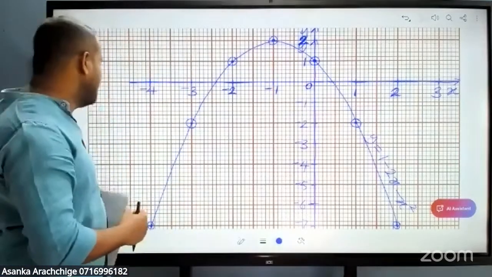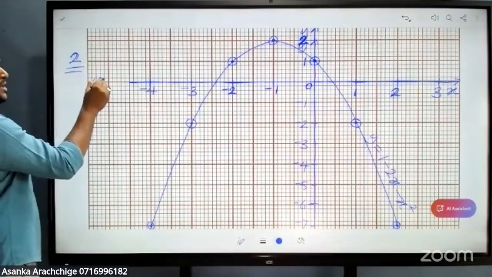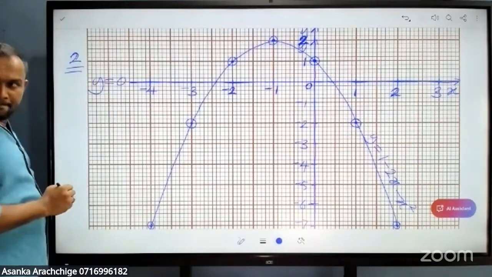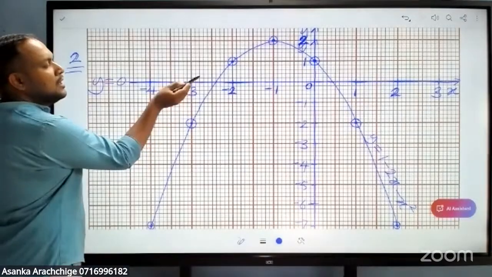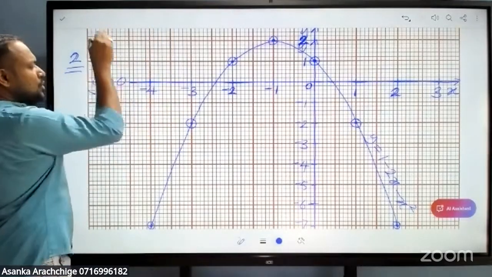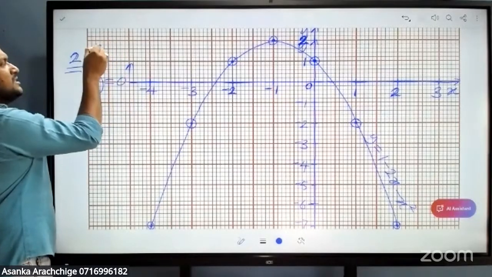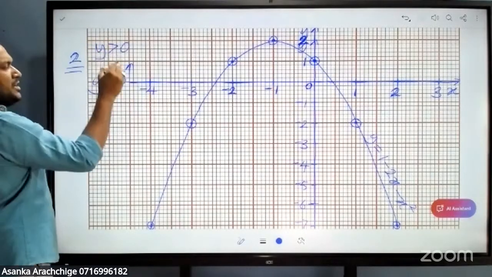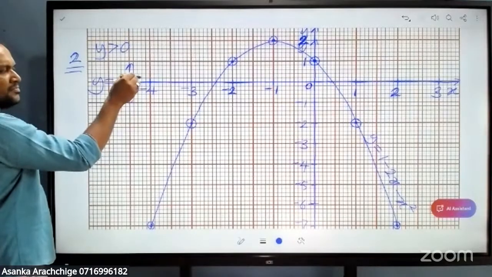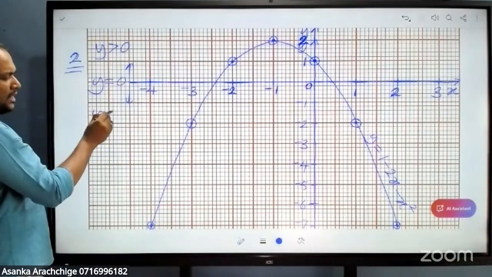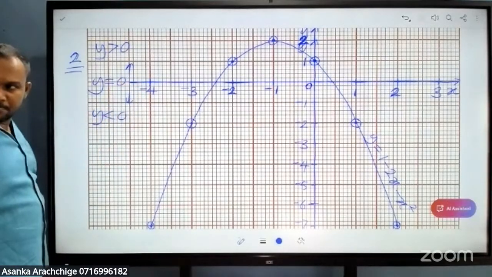I am moving along the x-axis. The region above the x-axis is y greater than 0. The region below the x-axis is y less than 0.